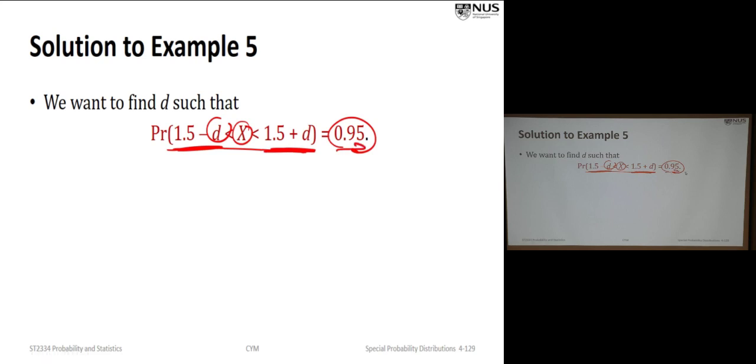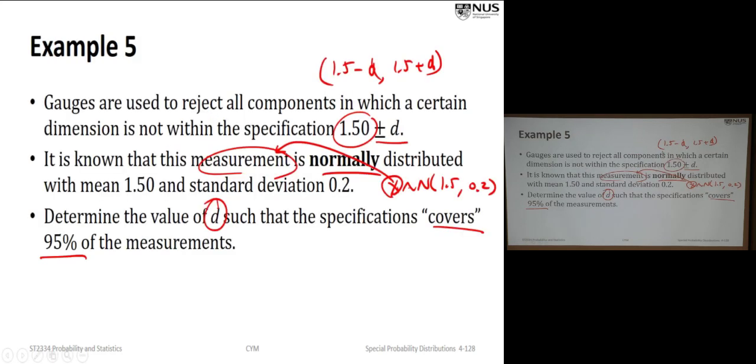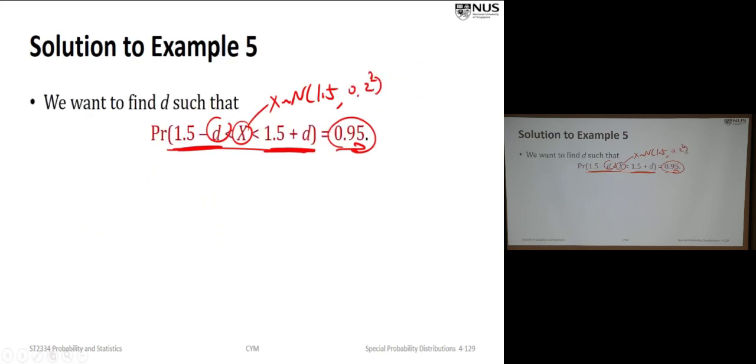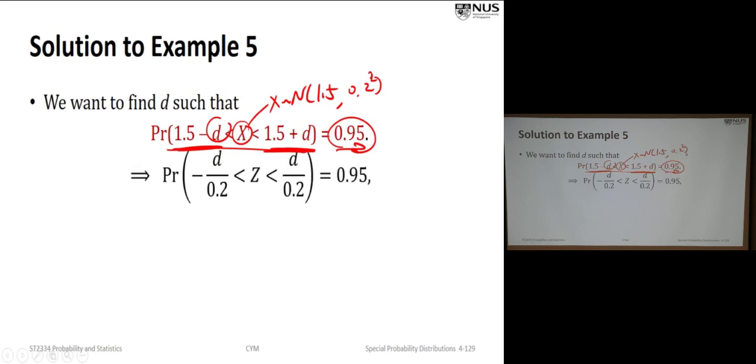So how to do it? We know that X follows a normal distribution with mean 1.5 and variance 0.2 square. So what we do is just standardize it and look for these 2 values.